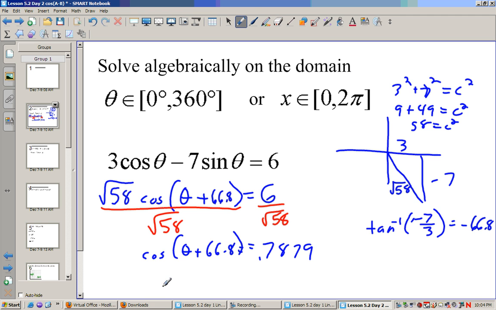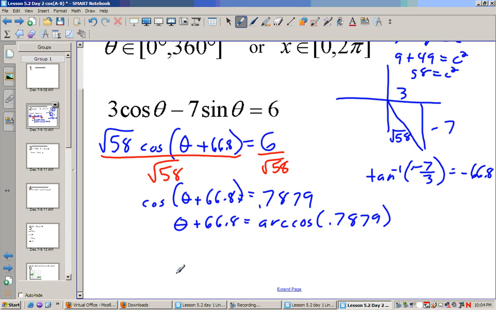And now I take the arc cosine of both sides, so theta plus 66.8 is equal to the arc cosine of 0.7879. And remember, the arc cosine is plus or minus the inverse cosine plus 360n.